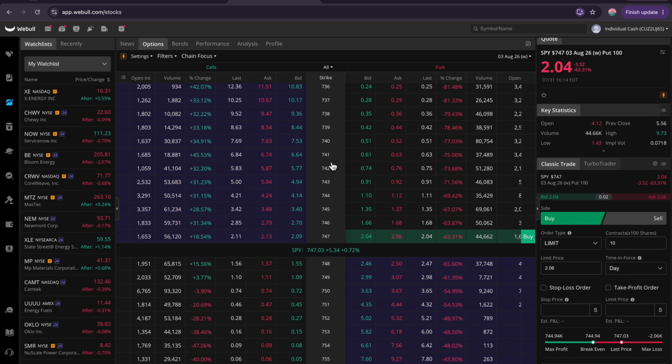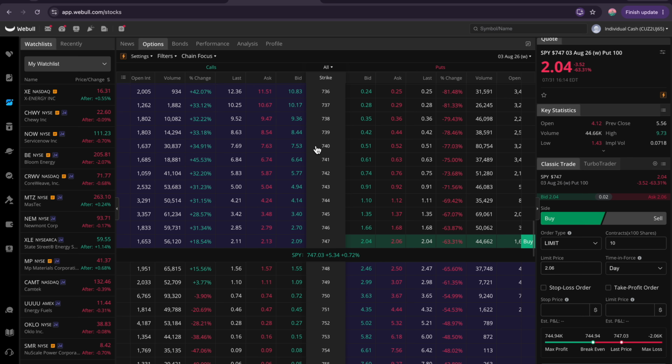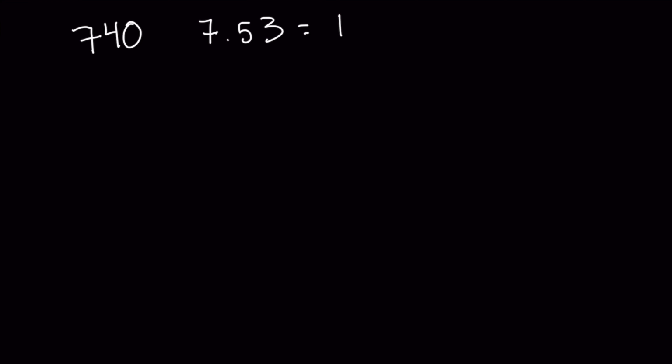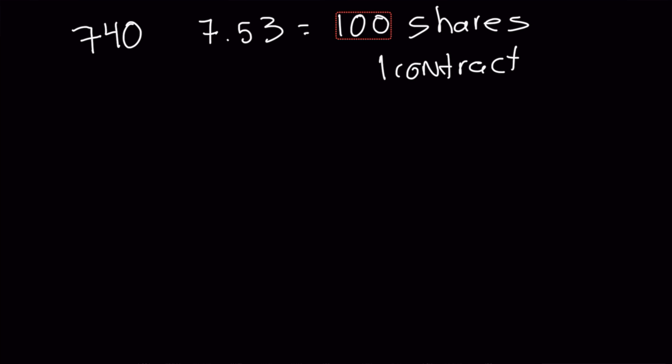So let's say Nick bought a contract on SPY at 740. We can see that the current price for the contract is $7.53. Now we know that contracts have 100 shares in one contract, right?